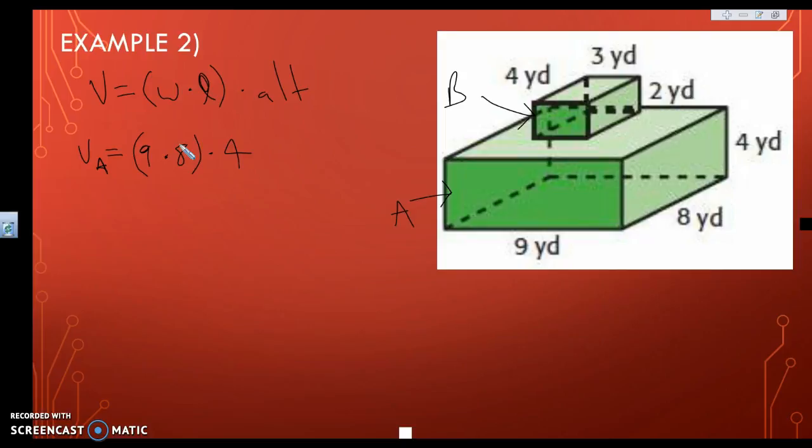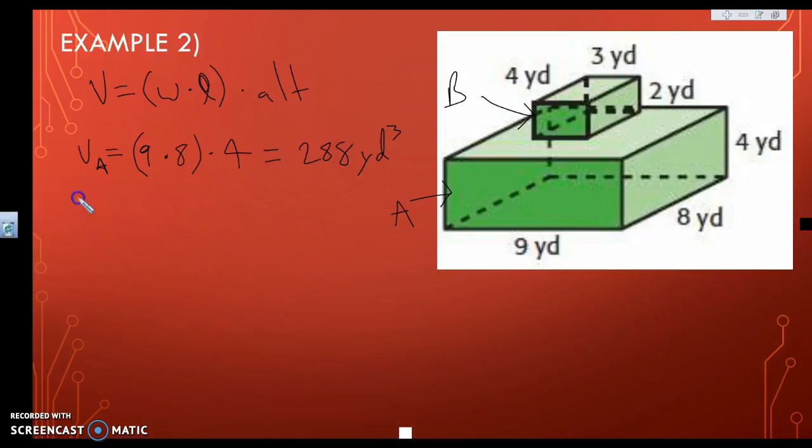And let me grab my calculator. So 72 times 4 is going to be 288. So figure A is equal to 288 yards cubed. So let's not forget about units.